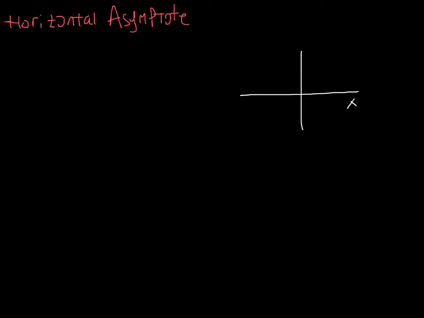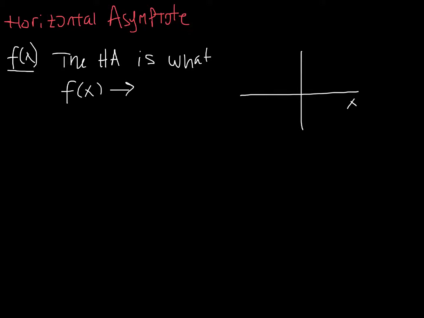So to define it formally, the horizontal asymptote of a function f of x is this. If I have some function f of x, the horizontal asymptote is what my function f of x approaches as x approaches positive or negative infinity.